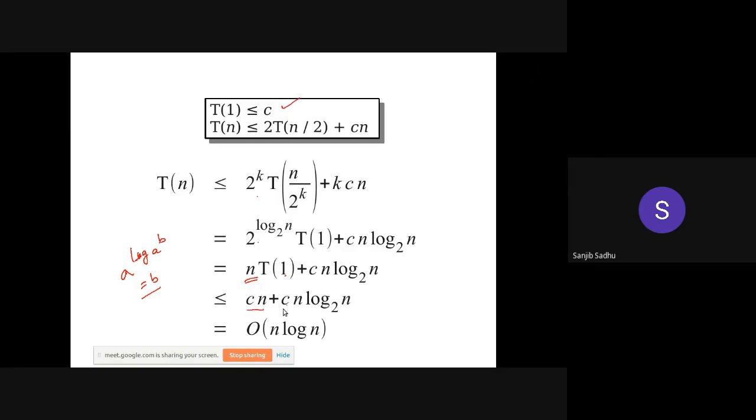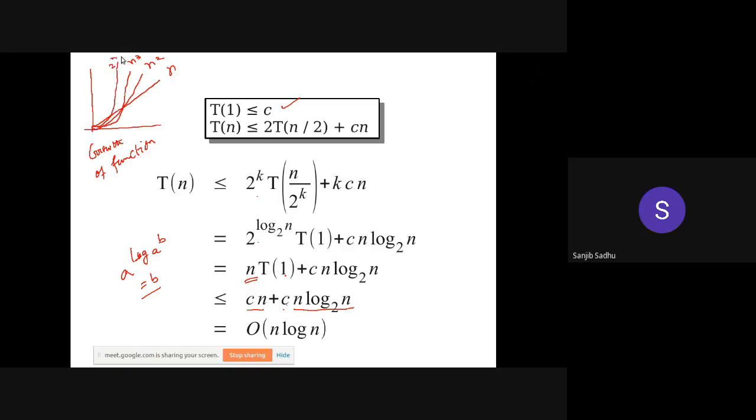So which one is larger? In the last class I have said already that growth of function means, in this case, n is like this, n square is like this, n cube is like this, maybe 2 to the power n is like this.